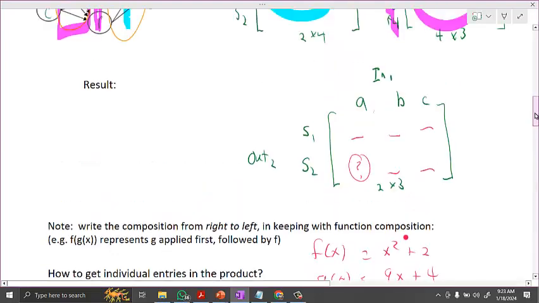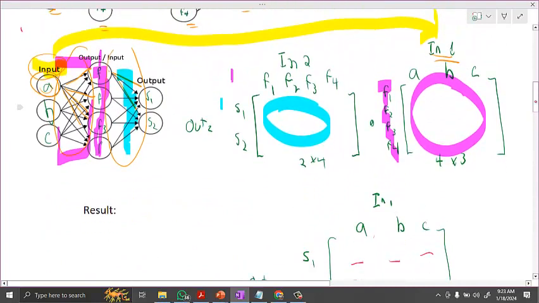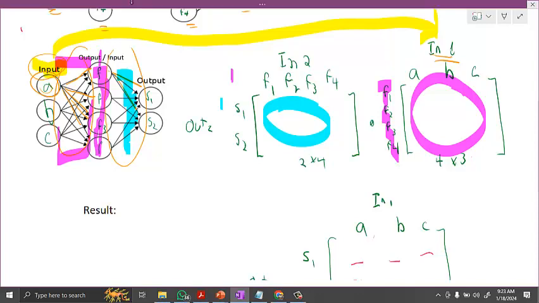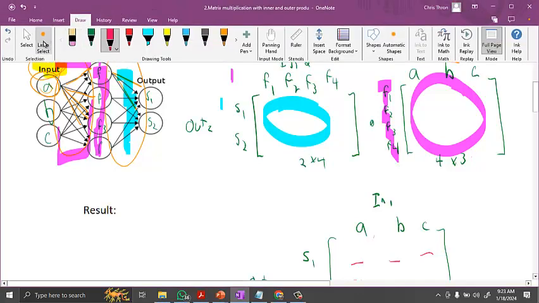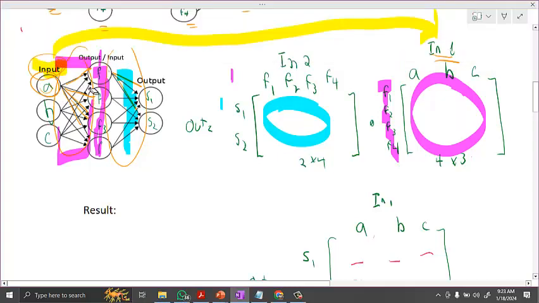When I write these two matrices, the matrix of the first relationship is on the right, and the matrix of the second relationship is on the left. And you can see that these dimensions match. Let me erase this if I can. Where is my eraser? Oh, it's here. Okay.